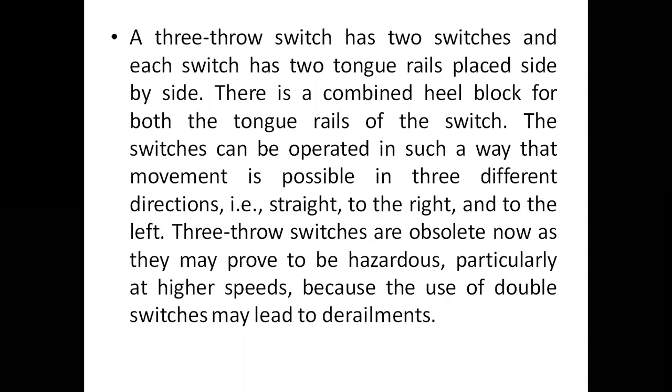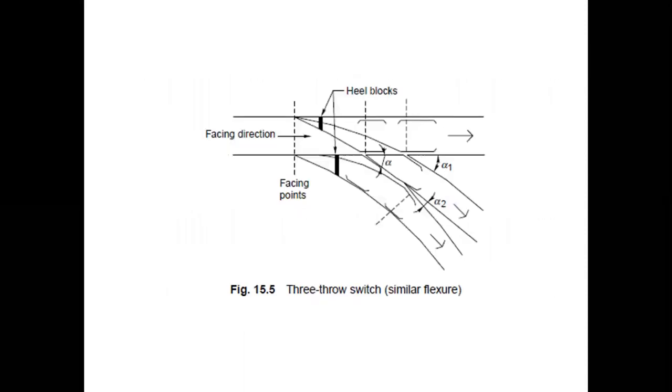Three throw switches are obsolete now, as they may prove to be hazardous, particularly at higher speeds, because the use of these double switches may lead to the derailment of the locomotive. Here this is a three throw switch of similar flexure.